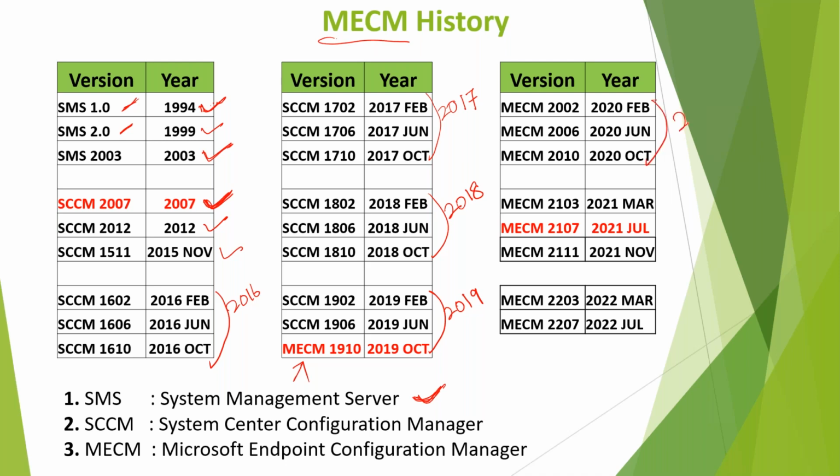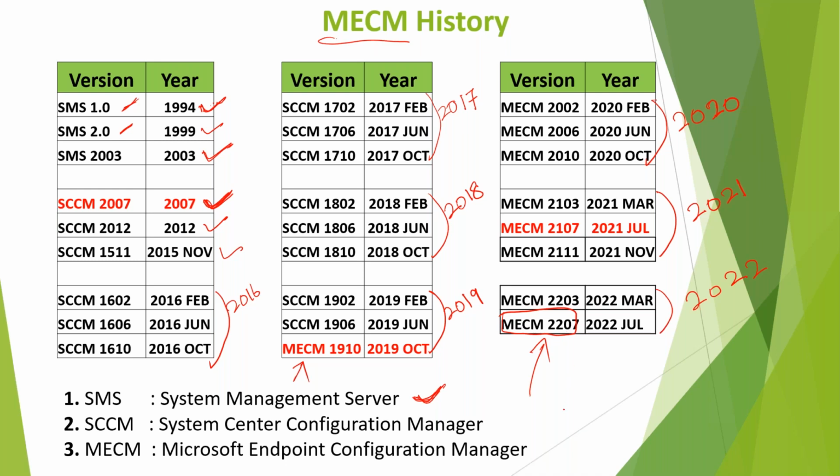These are the three versions released in the year 2020. These are the three versions released in the year 2021. These two versions released in the year 2022. So this is the latest and greatest version of SCCM at the moment, MECM 2207. 22 means 2022, 07 is July month.